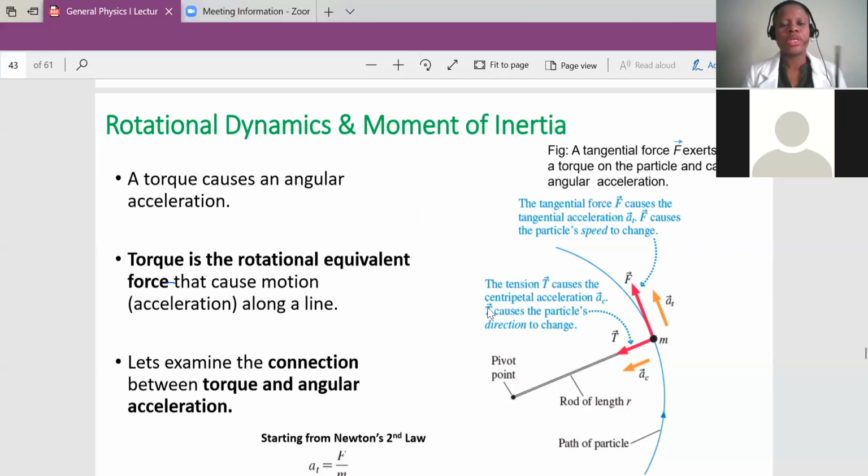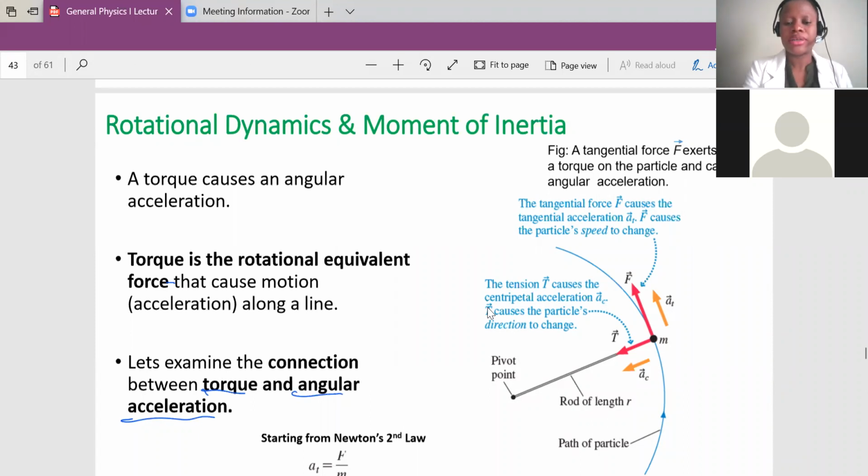Okay, so the same way force causes acceleration in linear motion, torque causes angular acceleration. We have also emphasized that torque is the rotational equivalent of force. But today we want to actually look at the connection between torque and angular acceleration. And to do that, we have to start from Newton's second law.